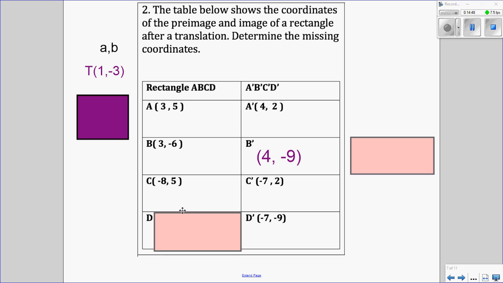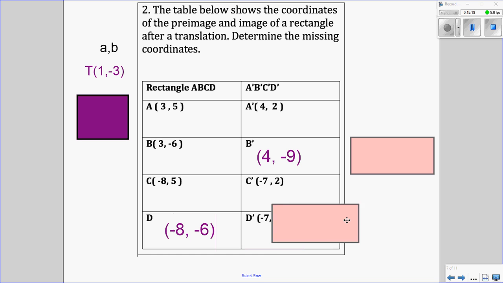So to get to the pre-image, we subtract 1 from -7, and then that means we will have negative 8. And from negative 9, subtract negative 3. Be careful, it's negative 9 minus negative 3. The two negatives will make a positive, so it will be negative 9 plus 3, so that will be negative 6. So this is your pre-image.